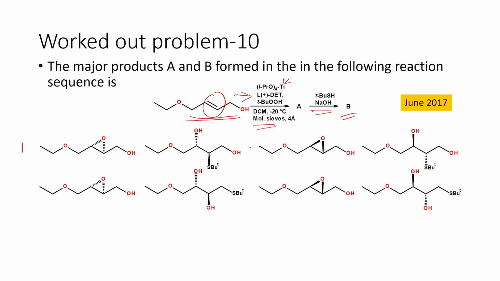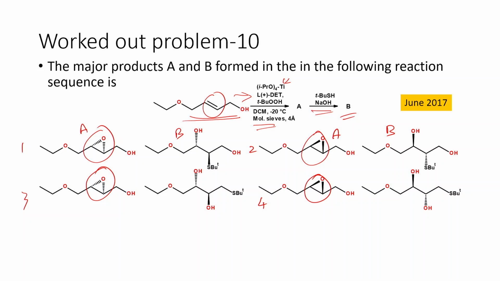So we have 1, 2, 3 and 4 combinations. So here we have intermediate A and B. And if you look very carefully, what is the difference between all the 4 products? All of them, the first intermediate A has the epoxide unit. The only difference is the stereochemistry is different for 2 sets of compounds.